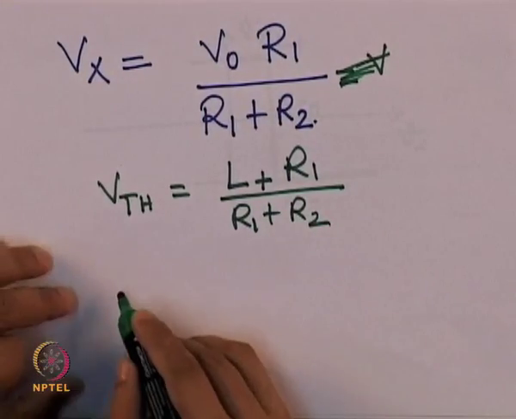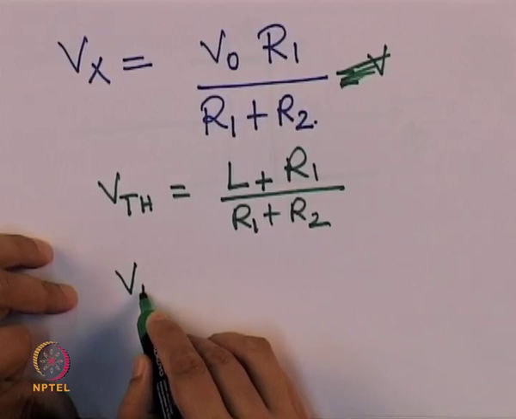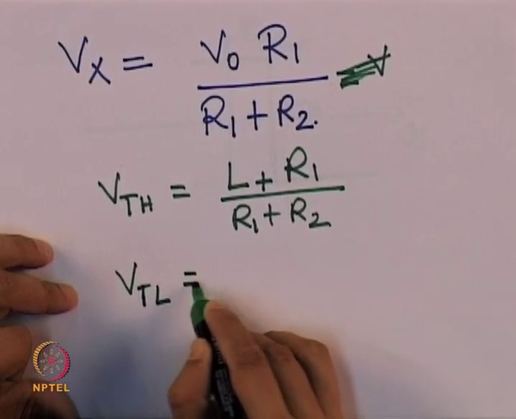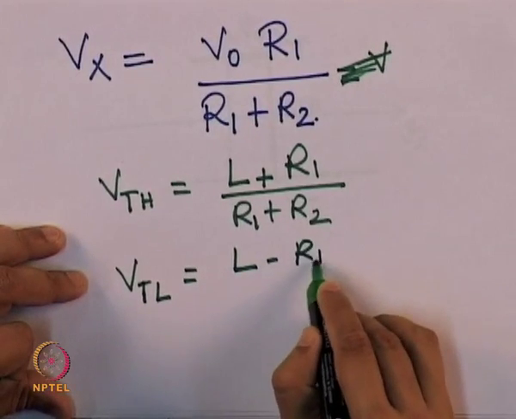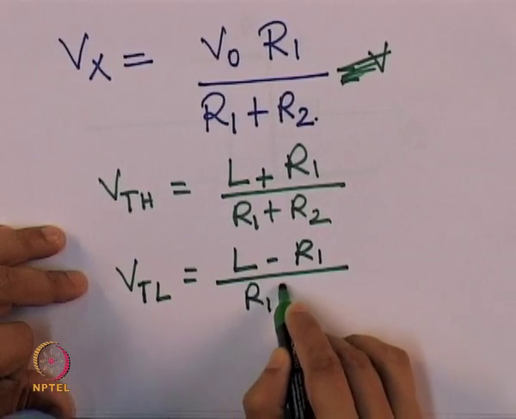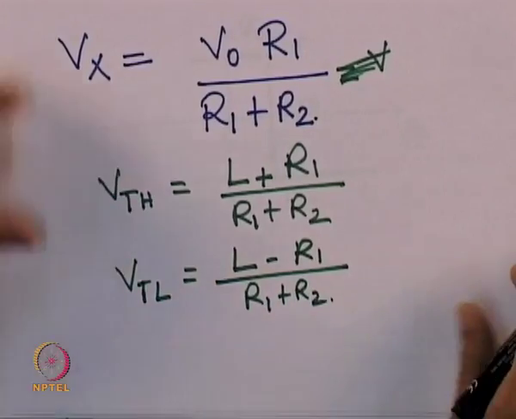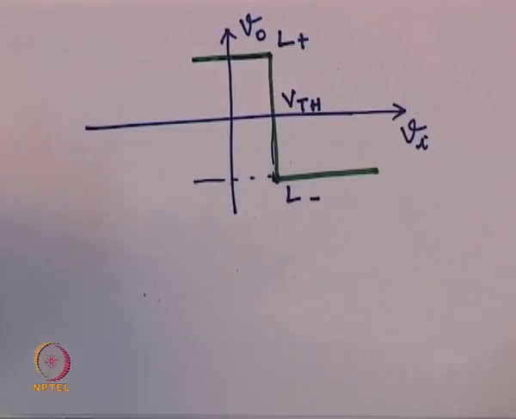Similarly, on the return path, there will be another voltage which I call VTL. When Vi becomes lesser than this value VTL, a similar transition will occur. So, let us go back to the curve once again.